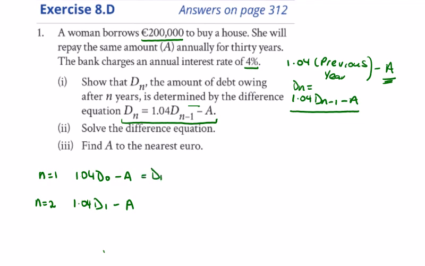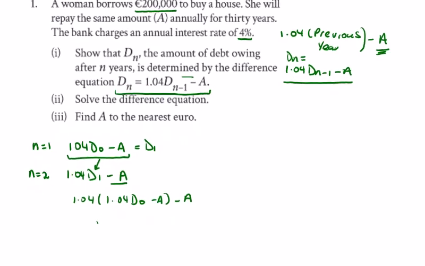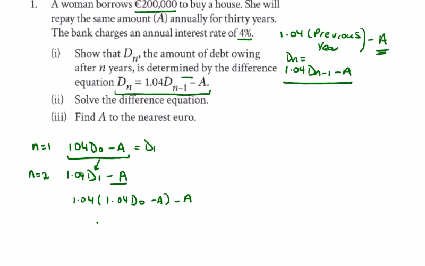Subbing this in for d1, we're going to get 1.04 times (1.04 d0 minus A), minus the other A. We could continue this up until n is equal to 3 if you want, but if you've done enough of them at this point, you can see that this becomes 1.04 squared by d0, then we have minus 1.04 times A minus A.